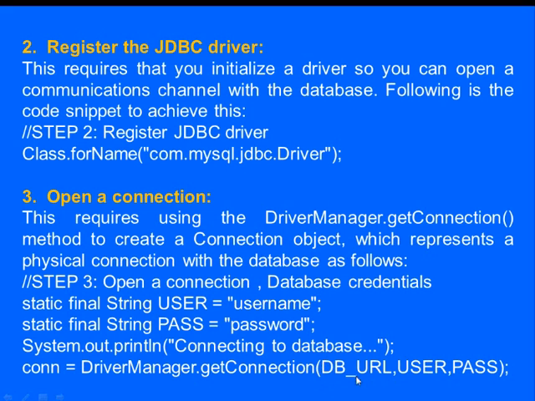Suppose we have a local database stored in the local machine, then it would be something like localhost or some IP address, 127.0.0.1 or 192.168.0.1, etc. It will have some URL, some address here. And in most cases, if we have a local database, then it will be localhost. Then comma, then we have to supply the username and password. So the con object will have a connection.